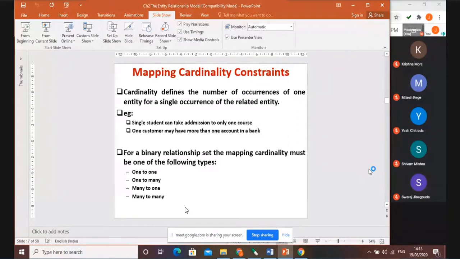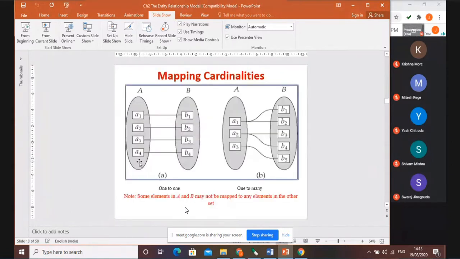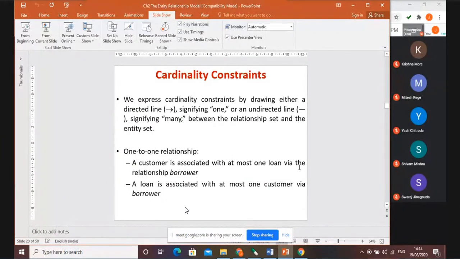Okay. So those are divided into four types: one-to-one, one-to-many, many-to-one, and many-to-many. I have seen the one-to-one diagram, and now the one-to-many, many-to-one, and many-to-many. We require this notation. An arrow towards the entity set from the relationship set indicates that only one entity is participating in that particular entity set.